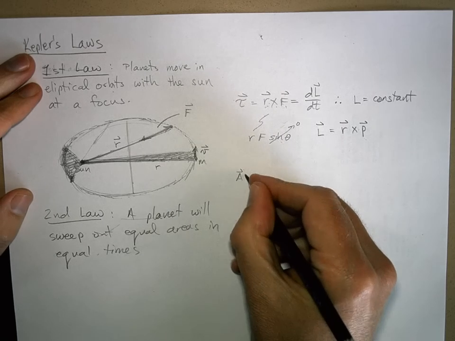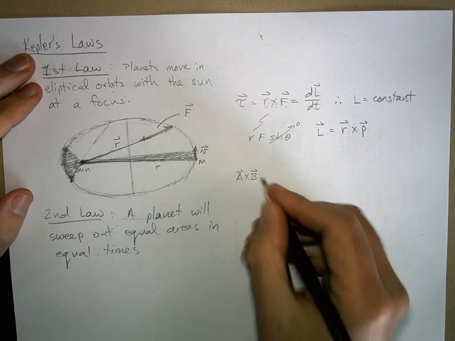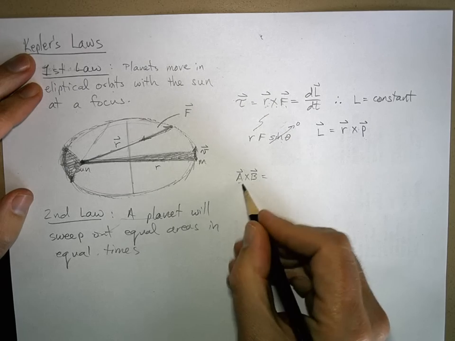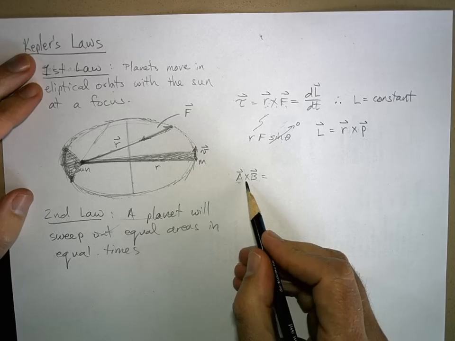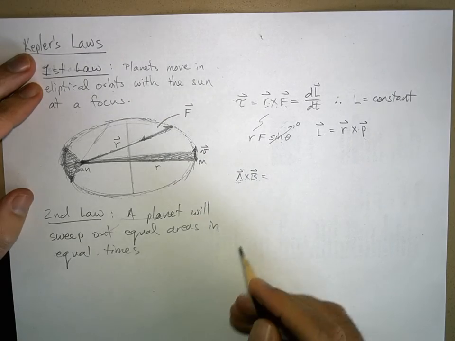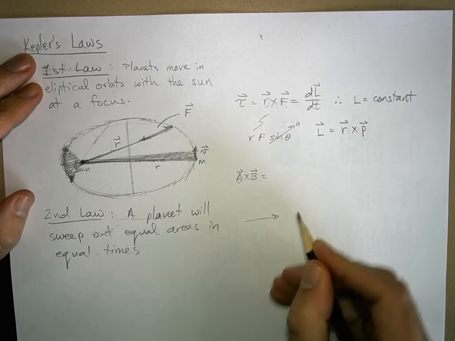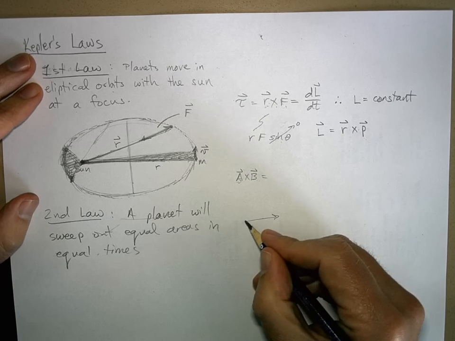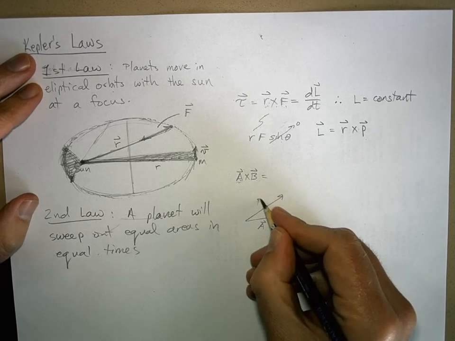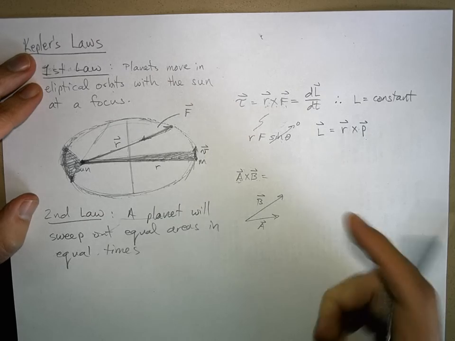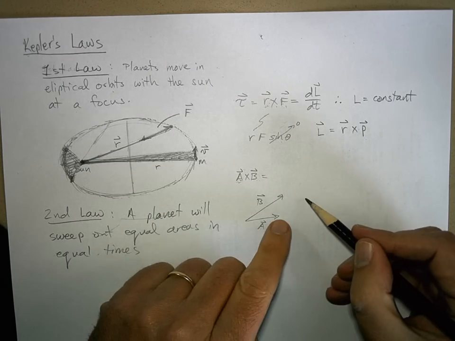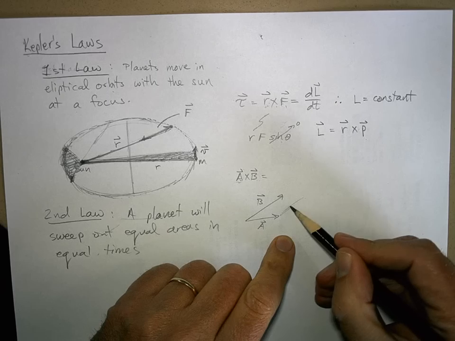Well, one of the things that you should know about cross products is that when you have A cross B, the magnitude of A cross B is the area of the parallelogram made between A and B. So if here's A and here's B, well, if we make a parallelogram out of this, let's put another B on here.